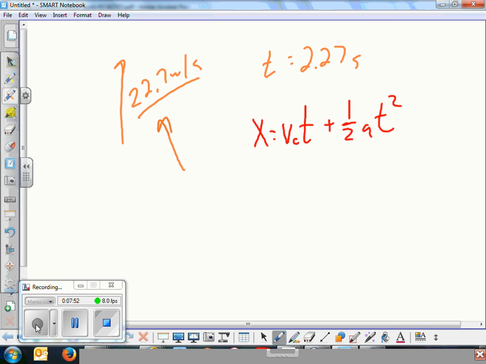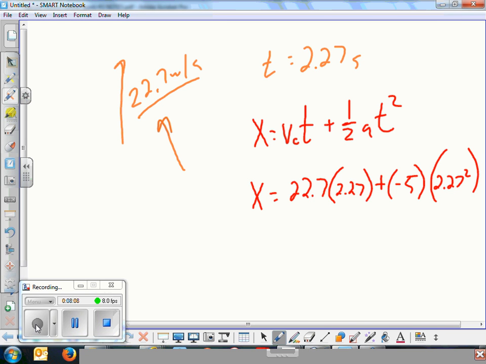So in this case, you might call it y. So that'd be the height, and then our v sub naught is 22.7 times 2.27 plus a -5 times 2.27 squared. And that gives us the exact same answer too. So there's three different ways you could do it. They're all very closely related.